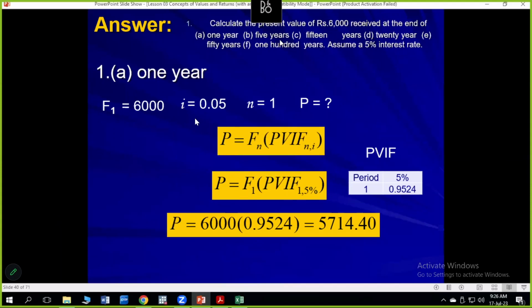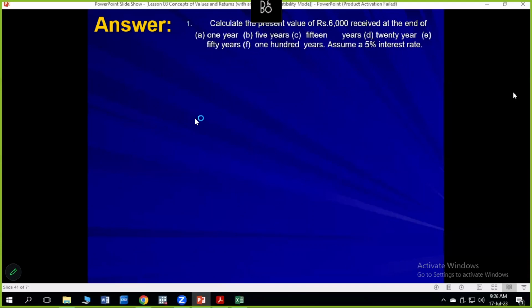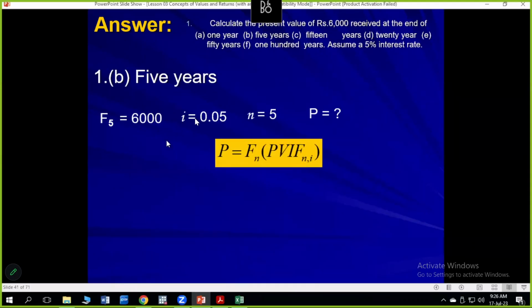For the second question, you attempt that, 5 years. The same way, you answer the second question, B, 5 years. At the end of 5 years, what would be the present value of 6,000? This time you want to define F5.